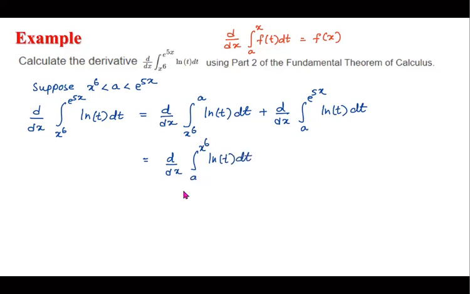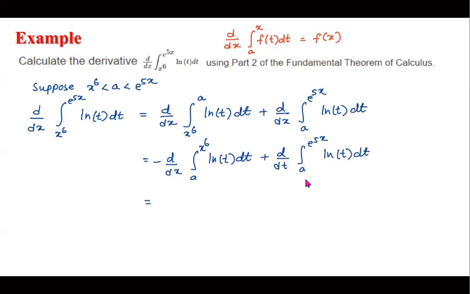But if we switch the limits of integration, the total value will be the negative of what we have here, the opposite of that. So we put a minus, and then plus d over dx of the integral from a up to e to the 5x of natural log t dt.